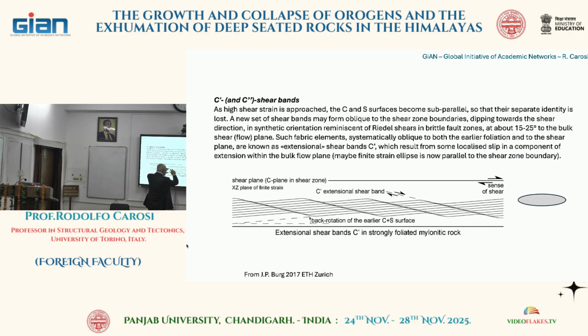This means that I am elongating the shear zone, and the structures that accommodate this elongation are the C prime extensional shear bands. The C shear bands are like this. The C prime are synthetic with the same sense of shear, the same arrows, but inclined at 15, 20 degrees with respect to the shear zone.